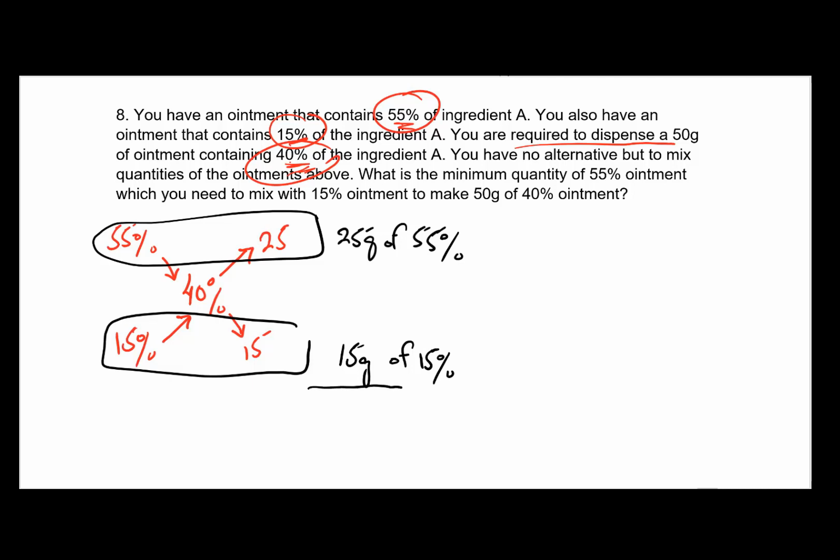But that will give us again 40 grams of 40% ointment. Right? So what would we do? But we need, have a good look at the question, we need 50 grams.